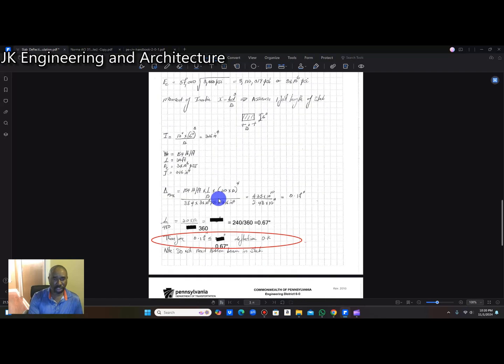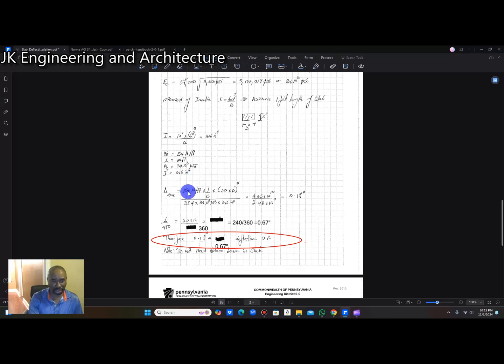All right, so now we can plug in our formula. We have our ultimate weight w, which is 154 pounds per foot. We have the length of the 1 foot strip of slab to be 20 feet. We have our Ec, elastic modulus of concrete, to be 3 times 10 to the 6 psi, and we have our I, moment of inertia, which is 216 inches to the fourth.